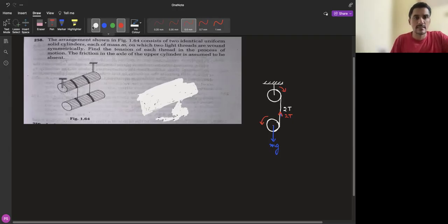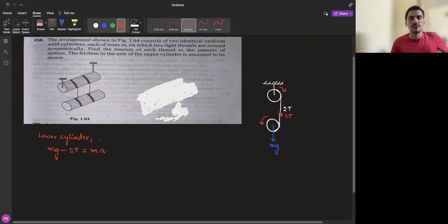Let us write the equation for the lower cylinder. Its center of mass comes in the downward direction because of two forces. mg is downwards minus 2T is upwards, which is equal to mass into acceleration.